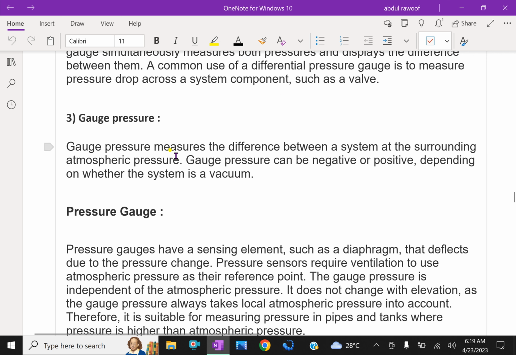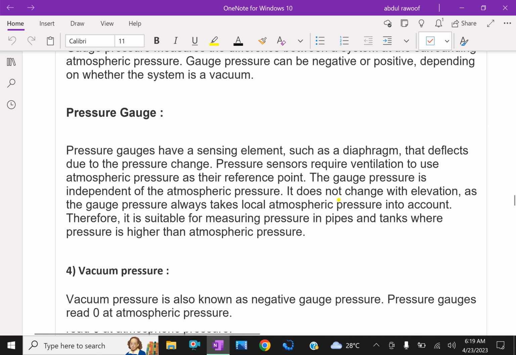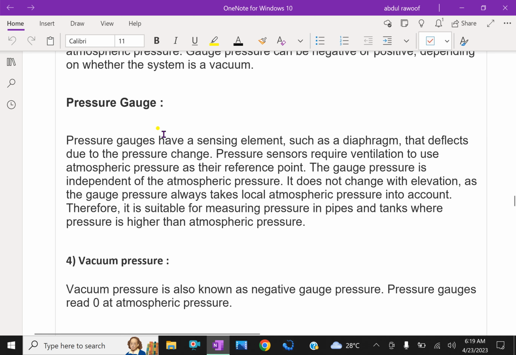Gauge pressure. Gauge pressure is a measure of the difference between a system and the surrounding atmospheric pressure. Gauge pressure can be negative or positive depending on whether the system is in vacuum. Pressure gauges have a sensing element, such as a diaphragm that deflects due to the pressure changes.